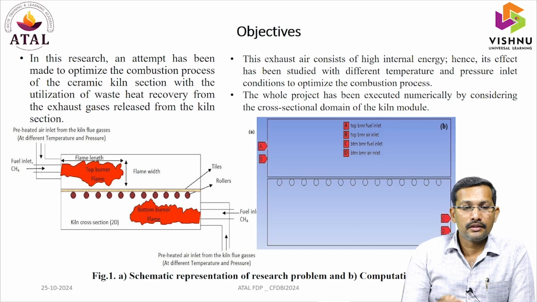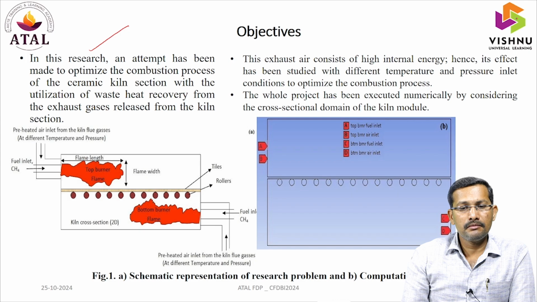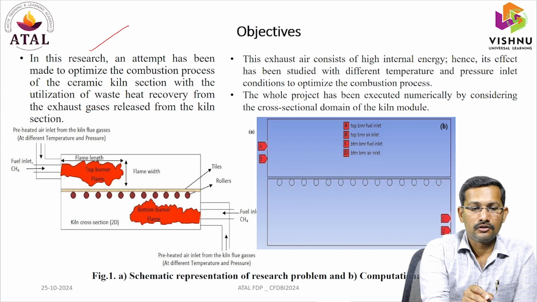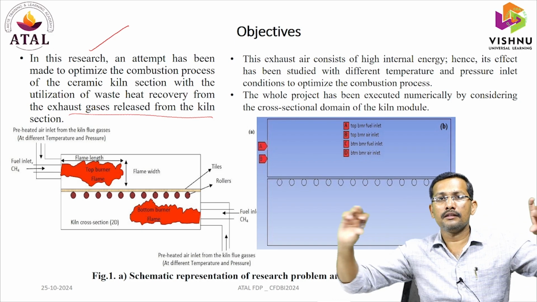Now, on the left hand side, in this research an attempt has been made to optimize the combustion process of the ceramic kiln section with the utilization of waste heat recovery from the exhaust gases released from the kiln section. In the beginning I showed the kiln, which has a huge length.